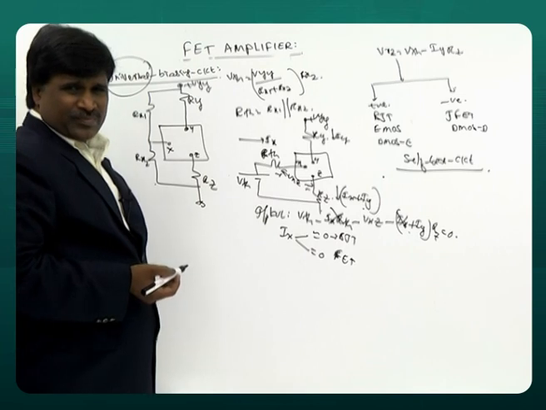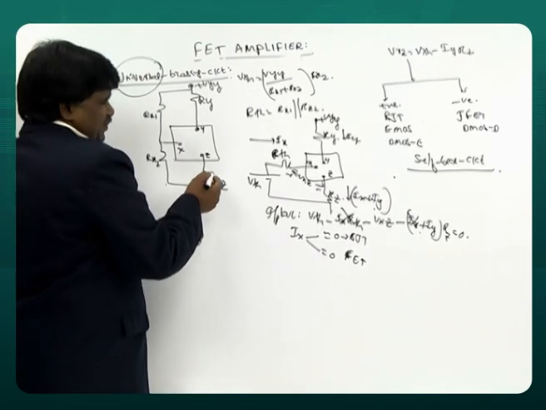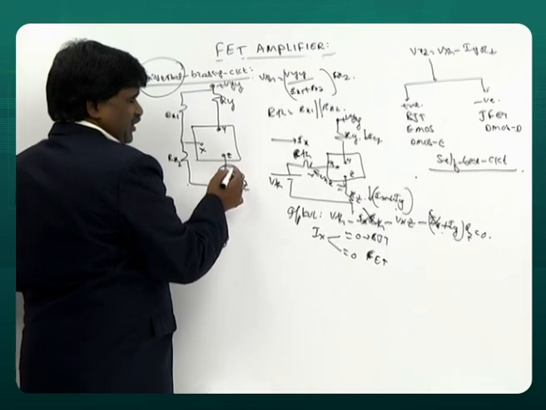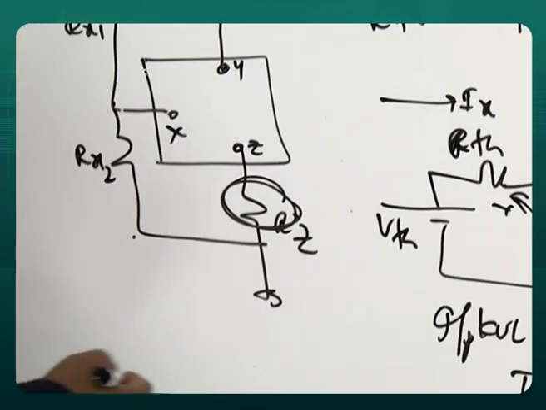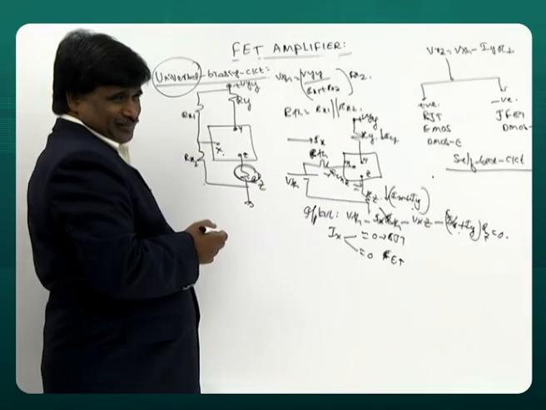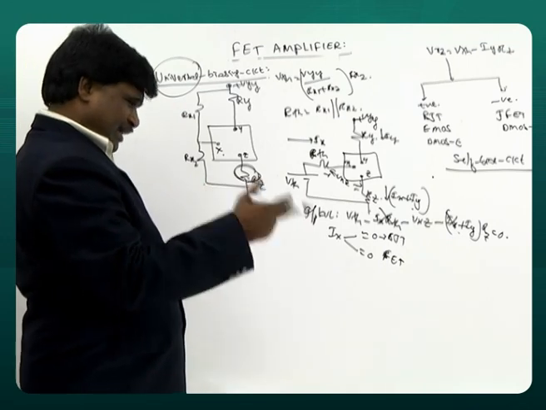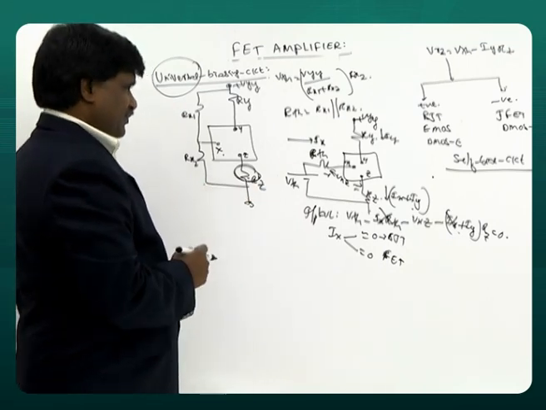You know why this is called self-bias? This particular resistor is used for stability, and the same resistor is used for biasing. That's why people use that itself, so self-bias.